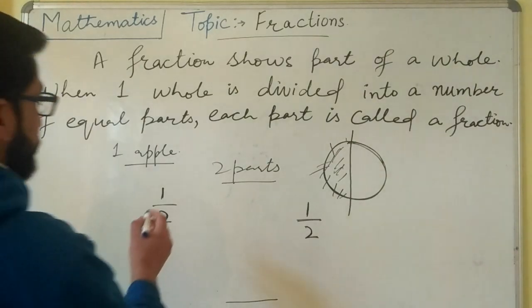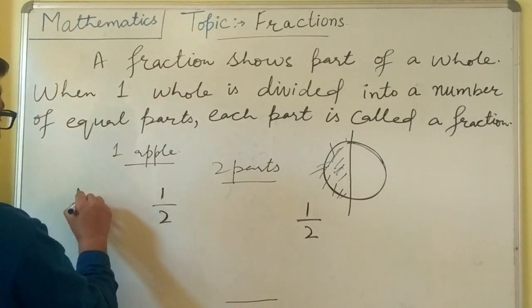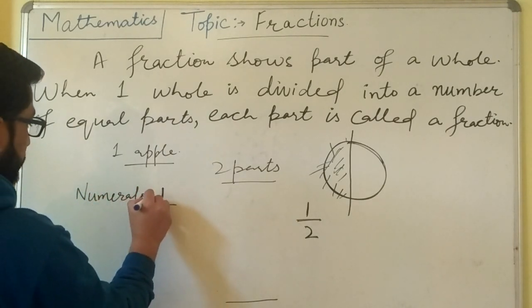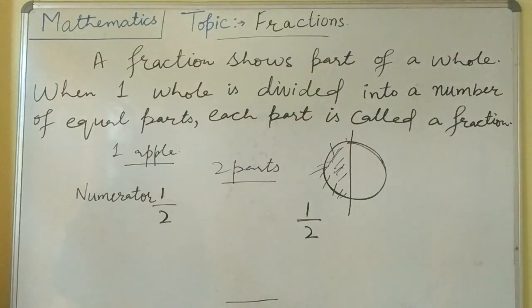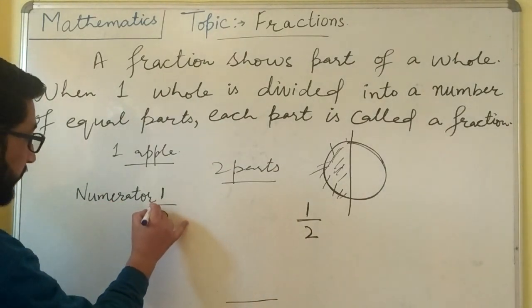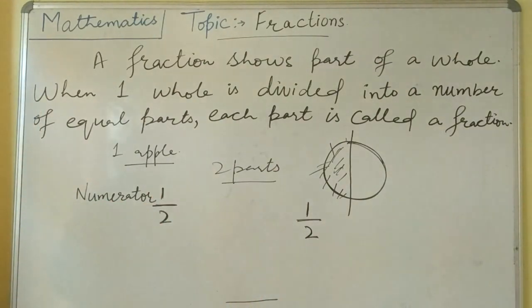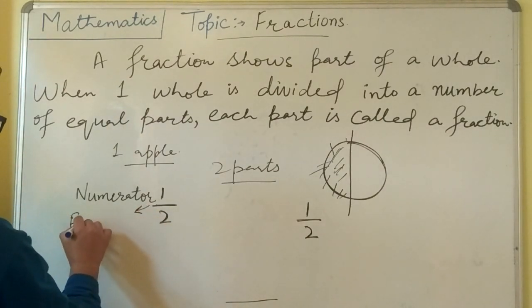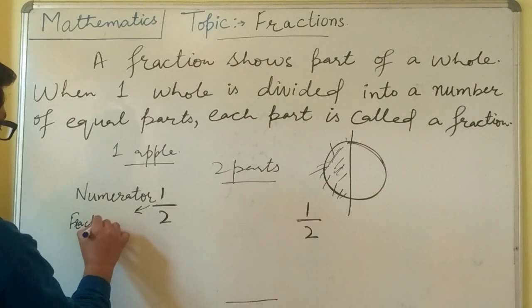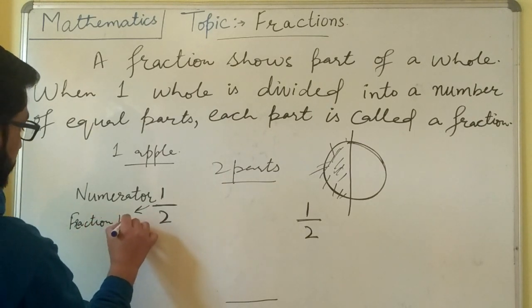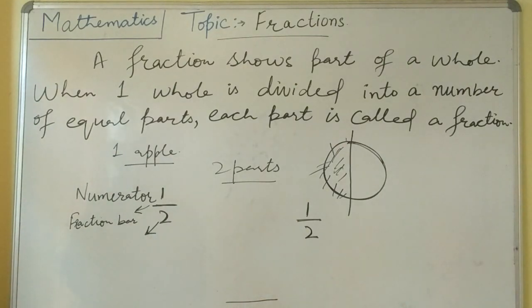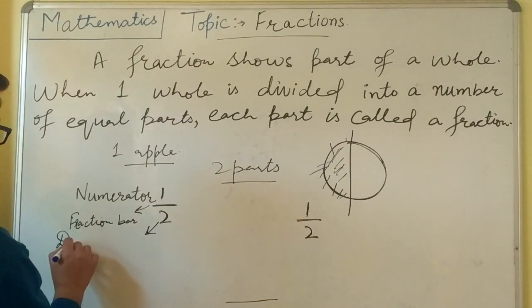The number which is the top number is called the numerator. The horizontal line between the two numbers is called the fraction bar, and the number below the line, or the bottom number, is called the denominator.